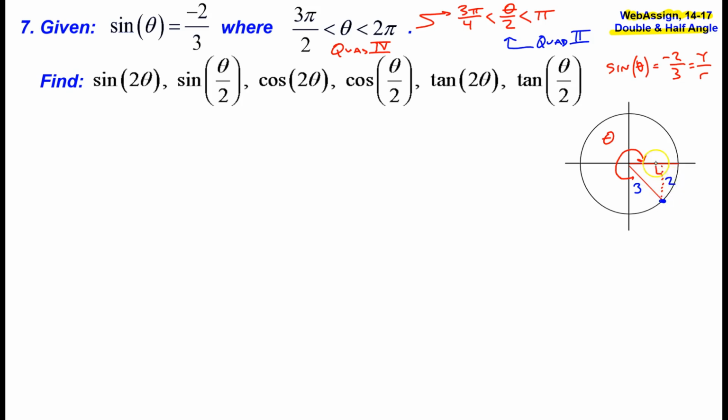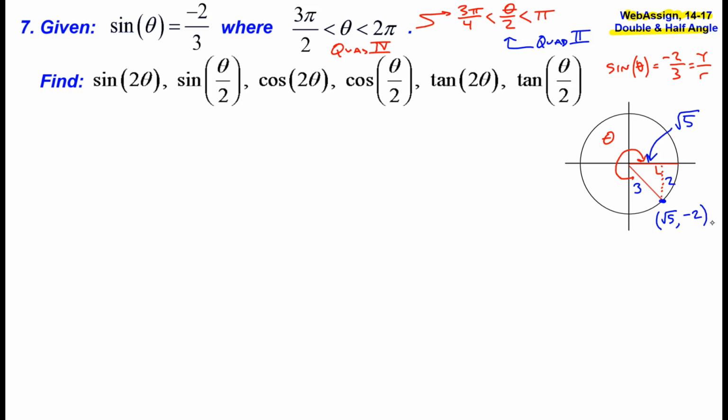So what we need to do is determine the horizontal leg. The horizontal leg will be the square root of 3 squared minus 2 squared, or the square root of 9 minus 4. That's the square root of 5. So the coordinates of this point right here on the circle has an x-coordinate of root 5 and a y-coordinate of negative 2. Why is it negative? Because it's below the x-axis.